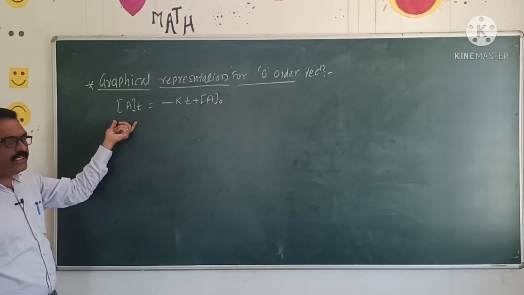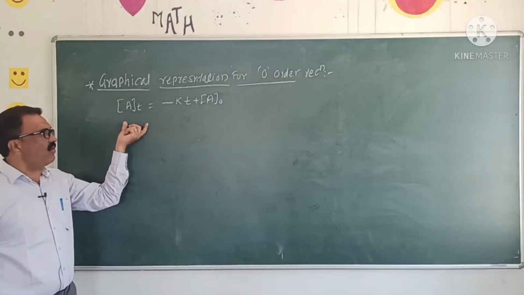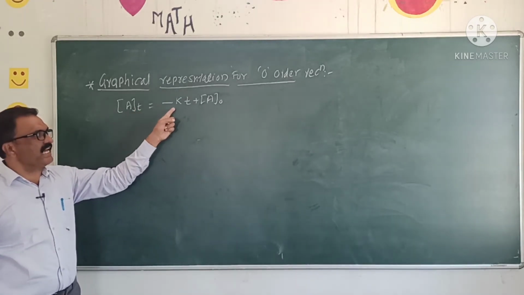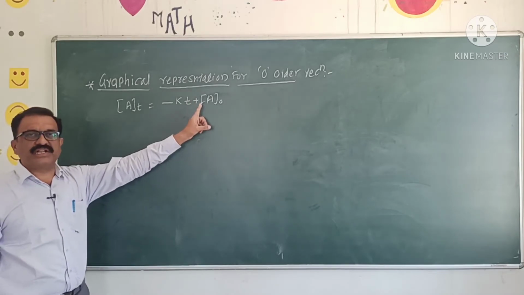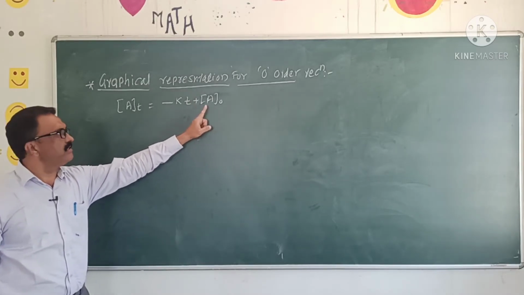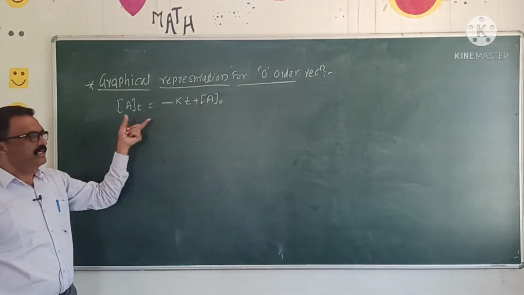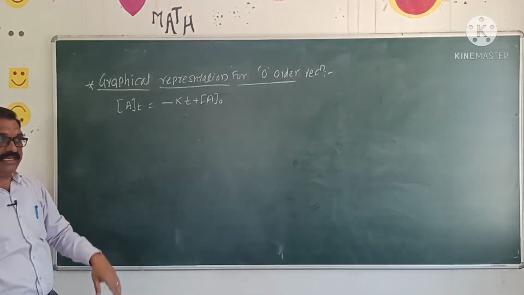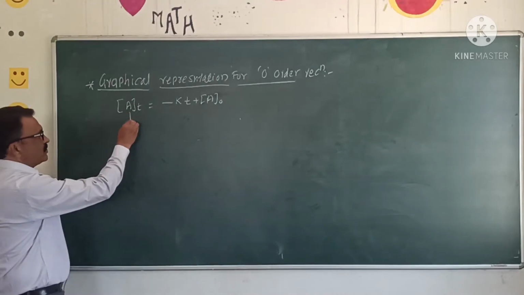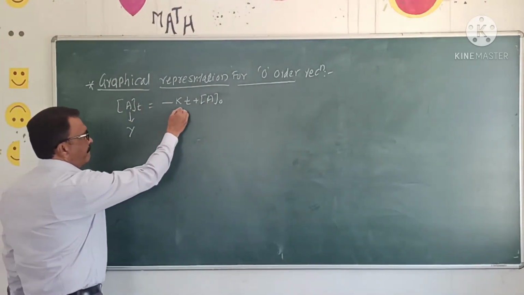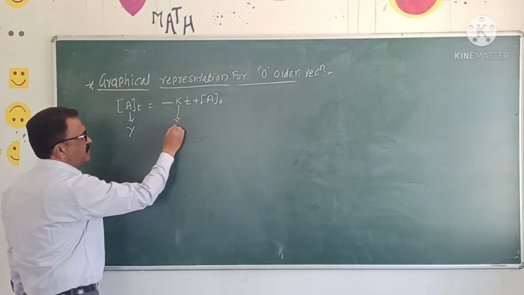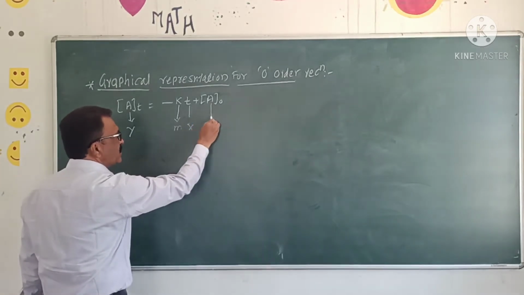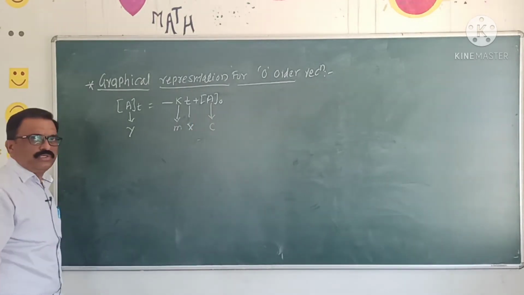For zero order reaction, according to the integrated rate law, concentration At is equal to minus K into t plus the initial concentration A0. Suppose At is equal to y, minus K is equal to m, t is equal to x and A0 is equal to c.